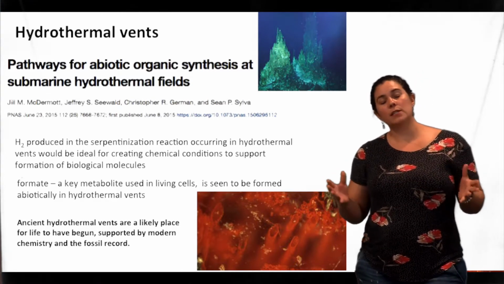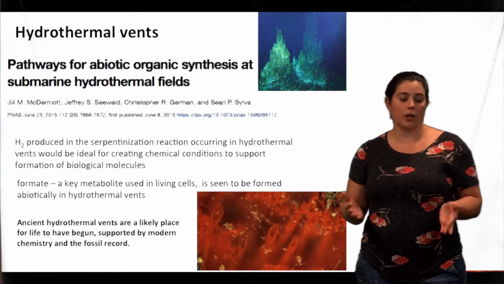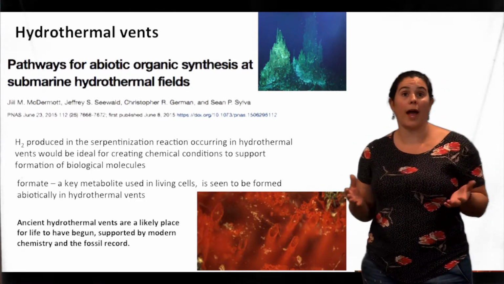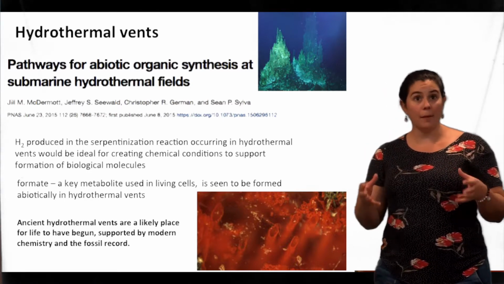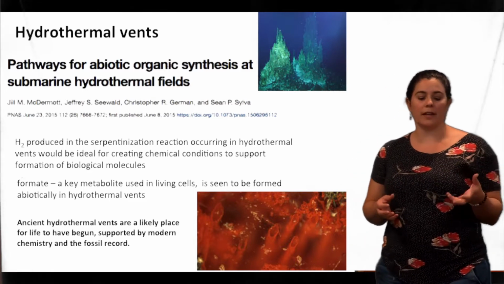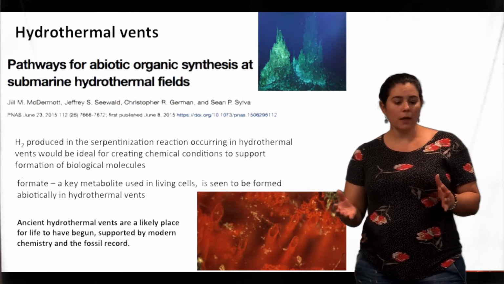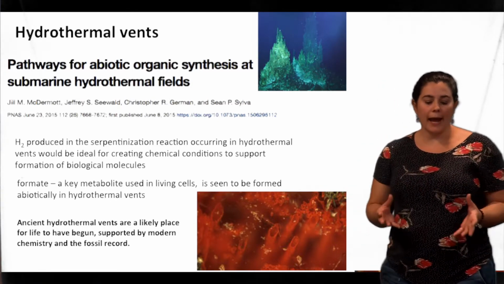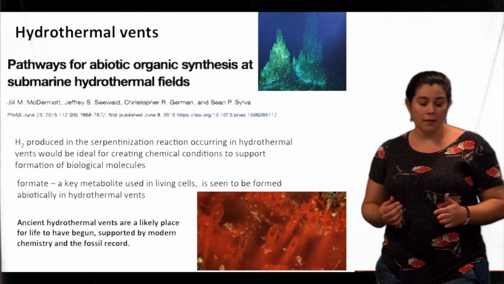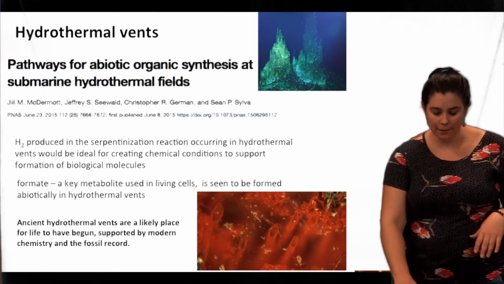Recent work on hydrothermal vents over the last several years shows that there are pathways for abiotic synthesis of many organic molecules, including formate, which is one of the key metabolites used in living cells today. So ancient hydrothermal vents were very likely a place for life to have begun, and that's supported both by modern chemistry as well as the fossil record.